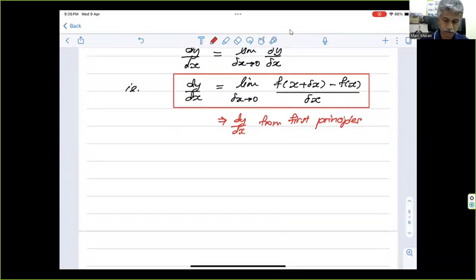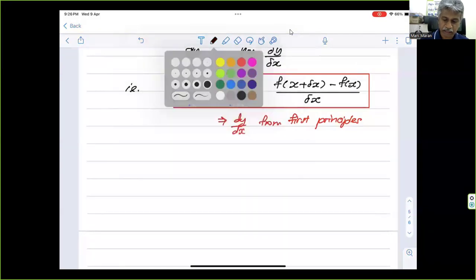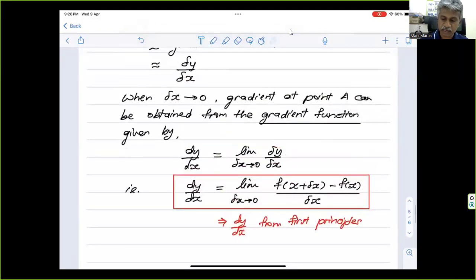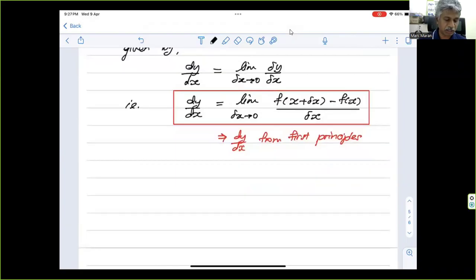So in order to find the gradient, now this is a gradient function. Whatever you get from this equation will give you a function. It doesn't give you the gradient. So if you want to find the gradient, you substitute the value of the x coordinate at that point.